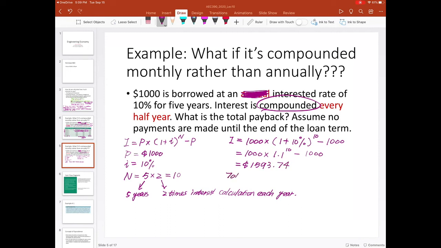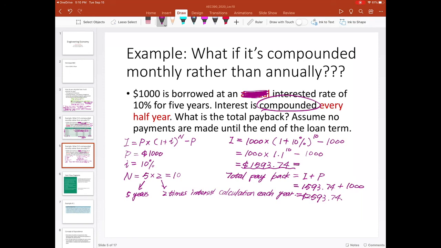Okay, and then your total payback will be I plus P, interest plus the principal, right? So I is this number you just calculated, 1593.74, plus 1000. So it's going to be 2593.74 US dollars.